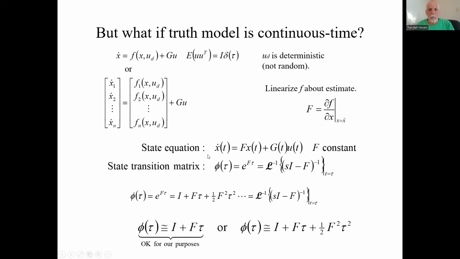When we had linear dynamics, here was our state equation, x dot equals F x. And here was our way of finding the state transition matrix: we used the inverse Laplace transform. Now we've got this F being nonlinear, and it changes over time. So instead of trying to take Laplace transforms every time step, we're going to approximate it.